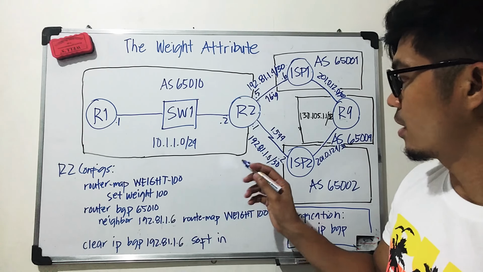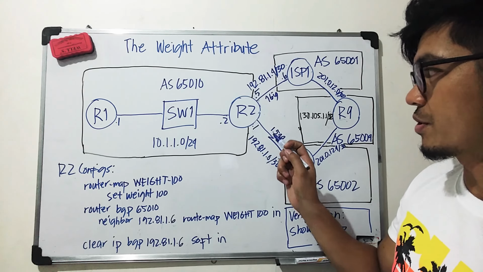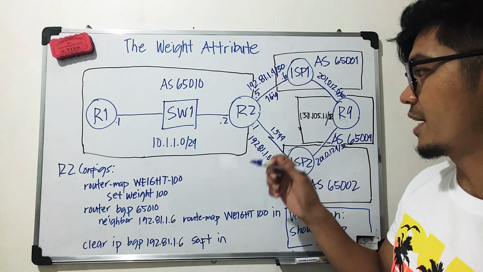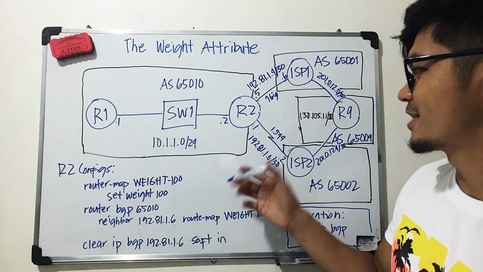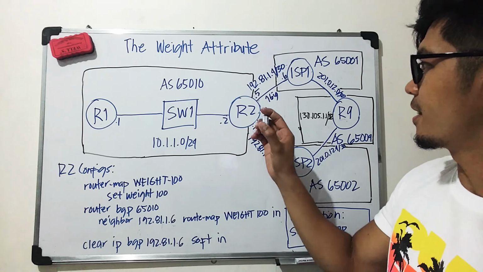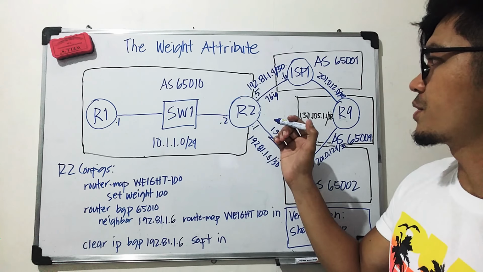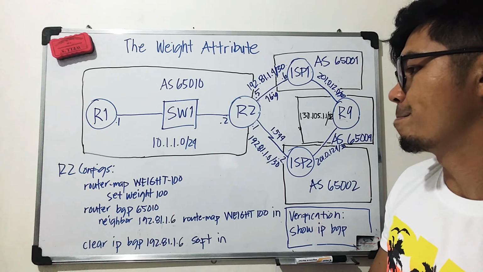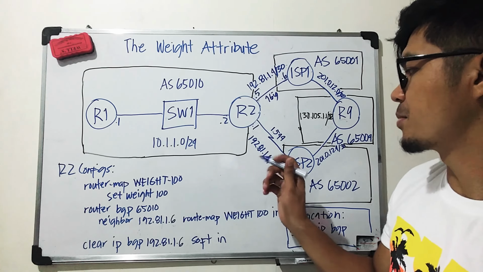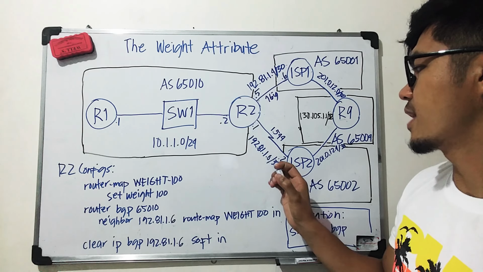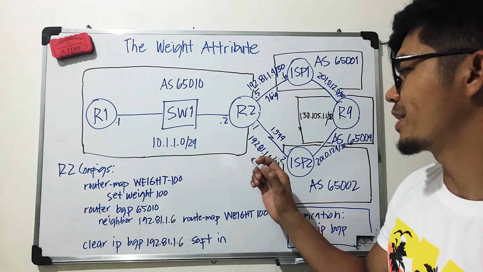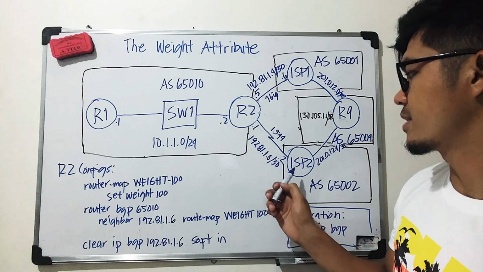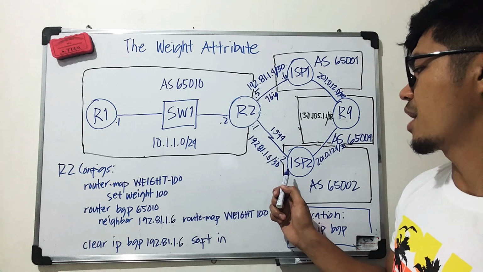In this case, it's going to come down to which router has a lower router ID. So in this case, it's going to be ISP2. It's got an IP address of 192.168.1.2. So R2 is going to prefer this link because ISP2 has a lower IP address.